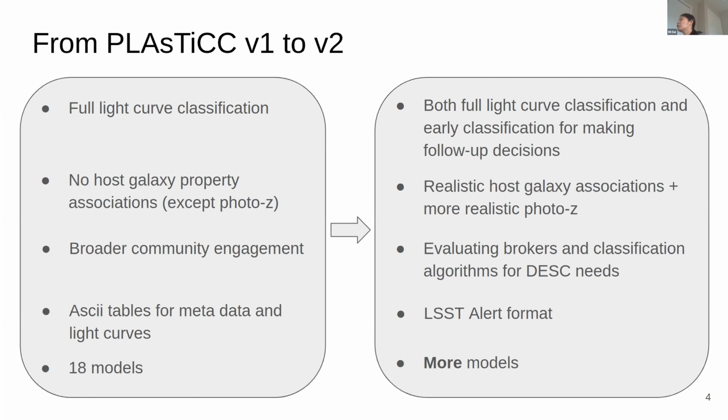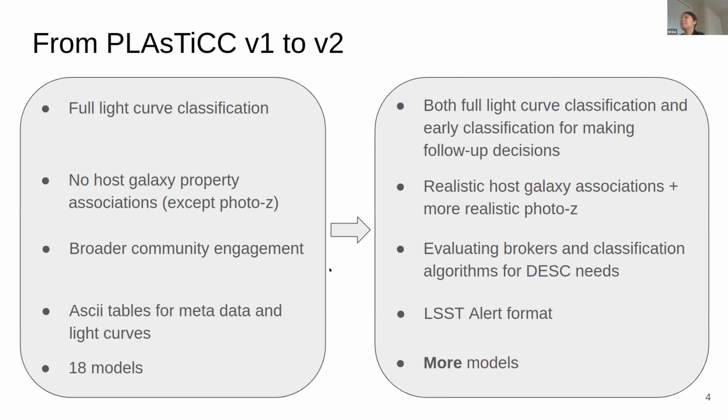V2, as you have heard, we are hoping to use to evaluate brokers and classification algorithms for DESC needs. For V1 you got an ASCII format of the tables, and as you might have heard, for V2 we plan to have it in the LSST alert format.